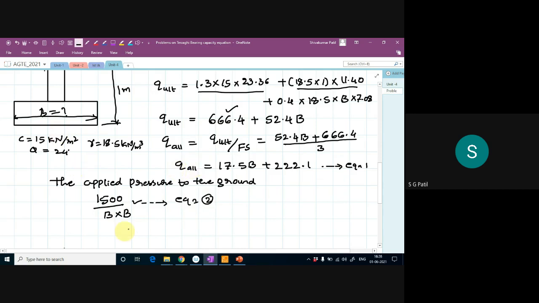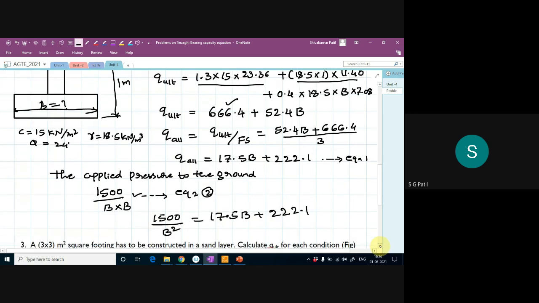So 1500 divided by B square is equal to 17.5 B plus 222.1.